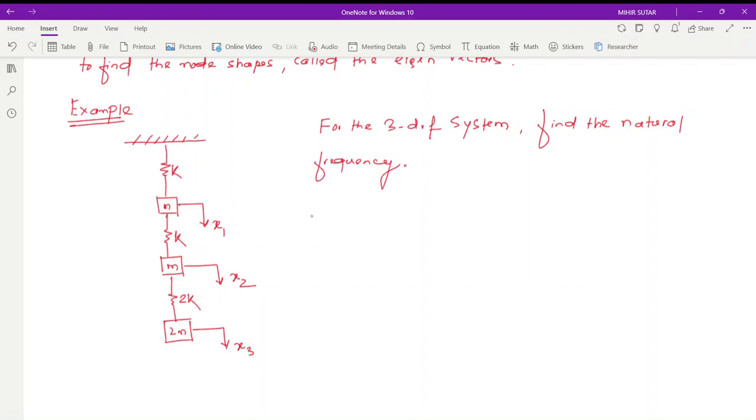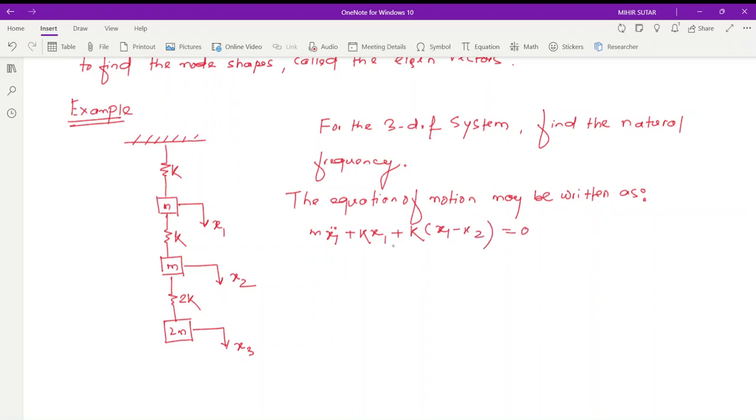Now the equation of motion may be written as m x1 double dot plus k x1 plus k (x1 minus x2) is equal to 0.